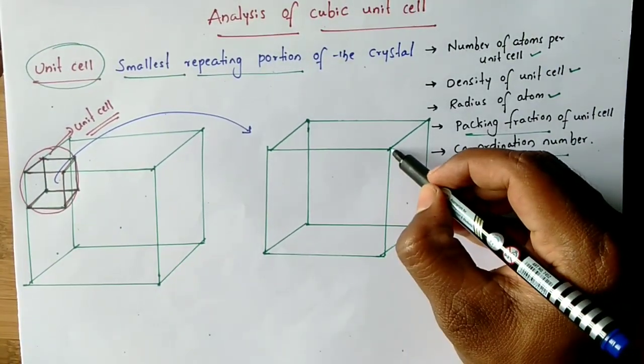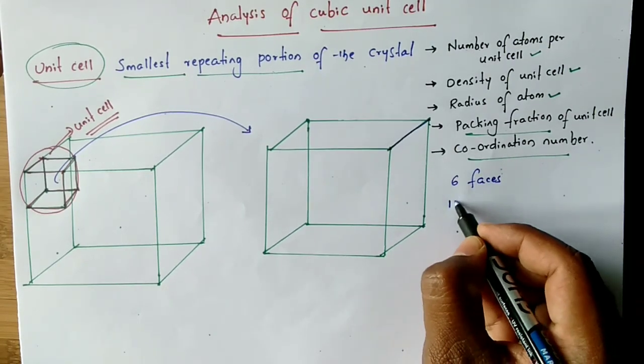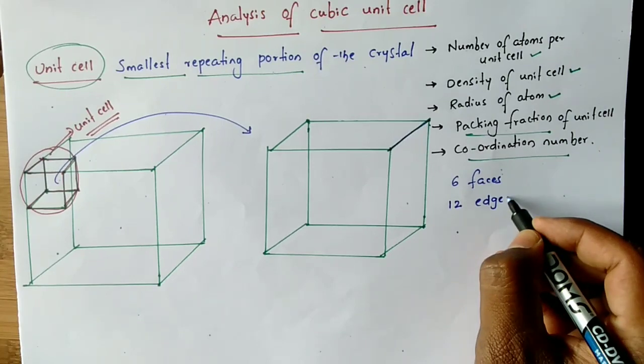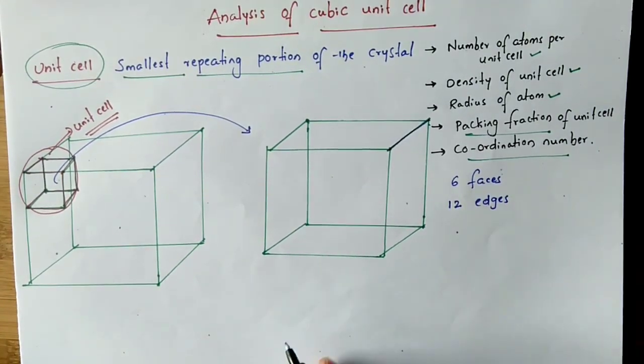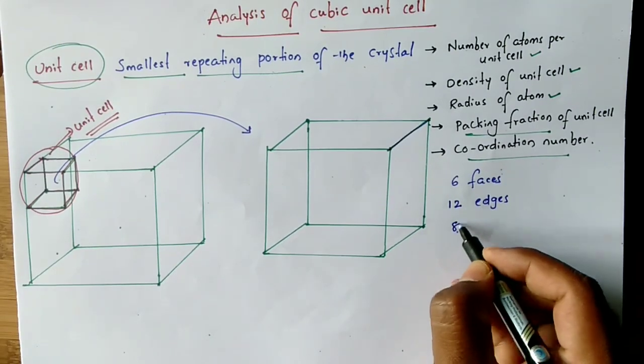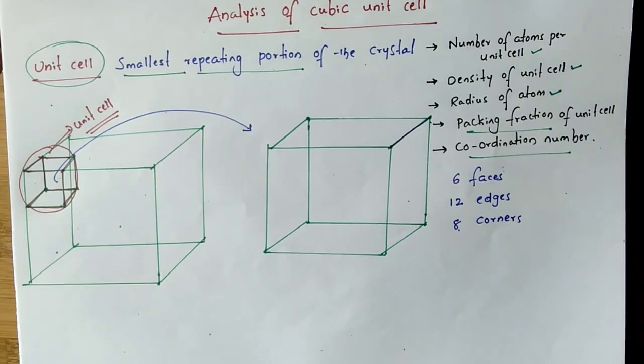And these are edges. Like these edges, there are 12 edges in a cubic unit cell. So 6 phases, 12 edges, and corners. These are the corners. Total 8 corners.